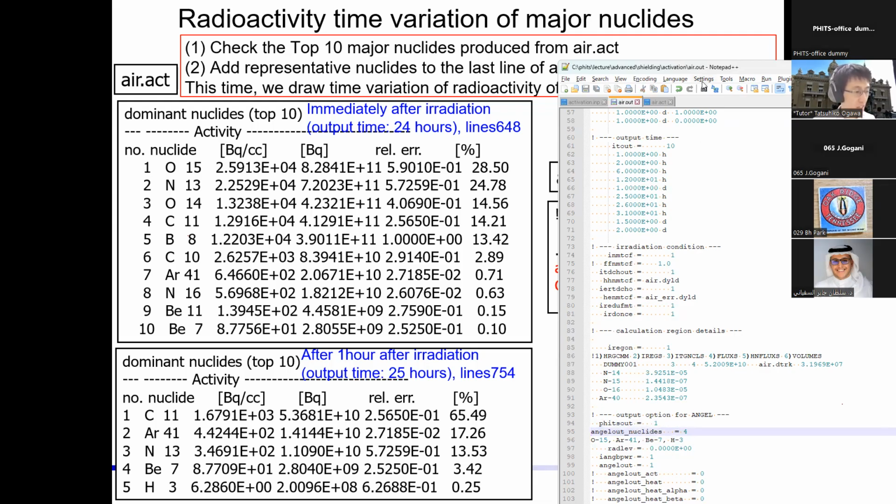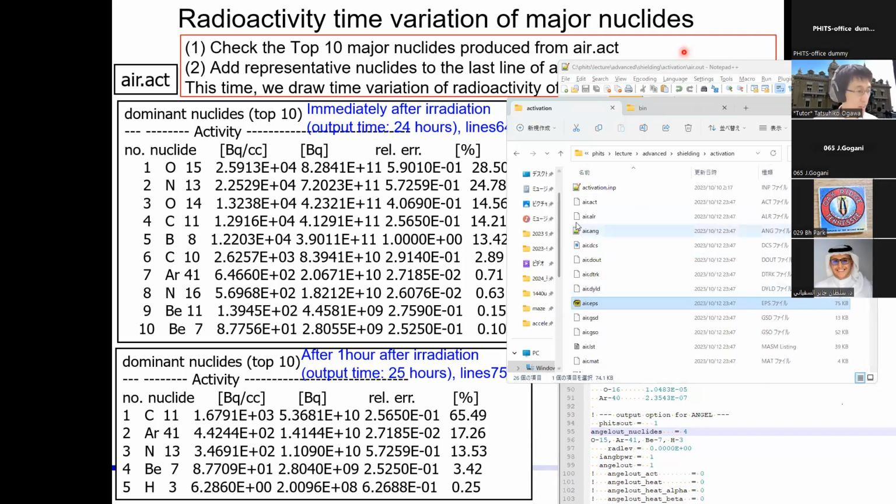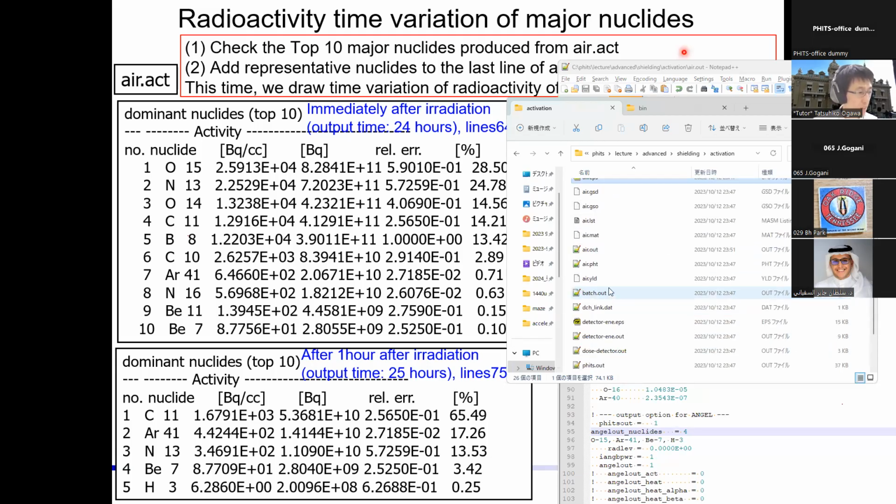After saving this DCHAIN input file, we send the air.out file to DCHAIN again.